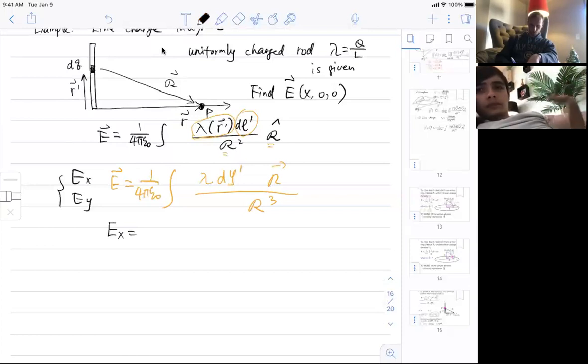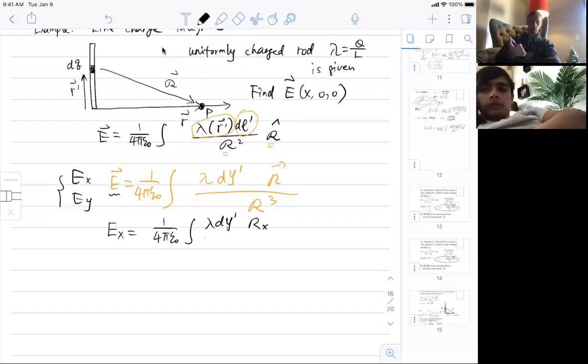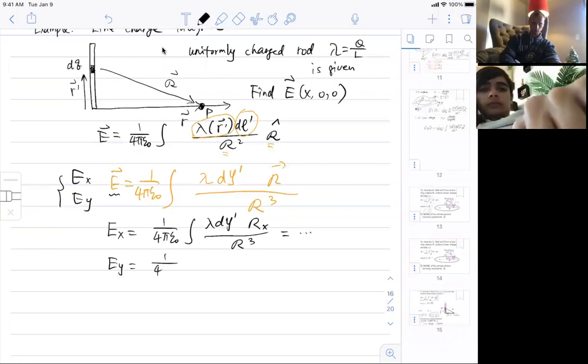To do the Ex, all I need to do is, I want the X component of my E, so I'm simply going to say, what is the X component of my script R? And I can follow through with the calculation. Now if I wanted the Y, I'm just going to take the Y component of my script R. And the rest follows.